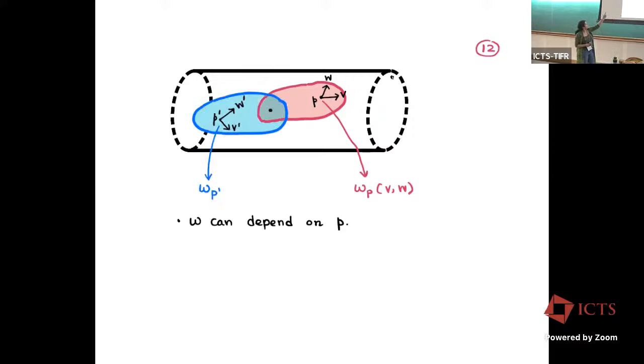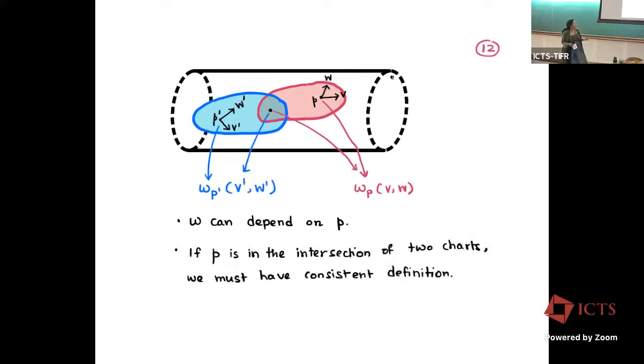Now if I have this other blue patch and a point P prime, then the function I'm going to use is omega, which depends on P prime. So the function is changing depending on the point. But if I'm in the middle, in the blue patch and the pink patch, whichever rule I use, I should get the same number. If I can do this, then I've consistently defined a symplectic form on my infinite cylinder.